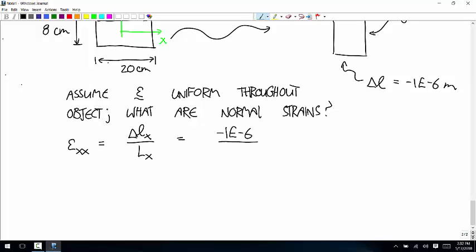The initial length is 20 centimeters or 0.2 meters. We have to get those units the same. And so that is negative 5 times 10 to the minus 6, right? What are the units? It's meters divided by meters, so it's unitless. The strain is just a pure number.